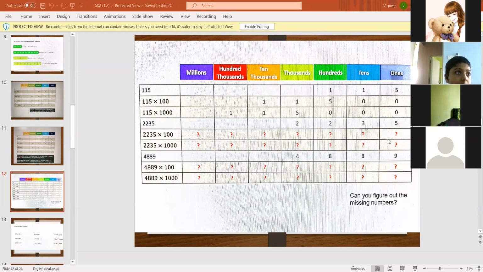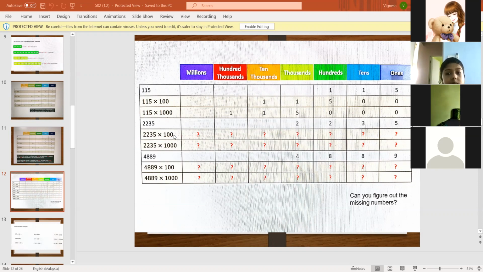So it's 2,300. No, 22,350. No, I didn't ask about the multiply by 10. Teacher said when multiply by 100. Is it 10, teacher? 100. So it's 223,350.